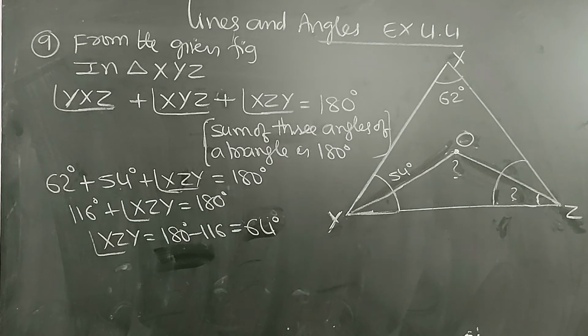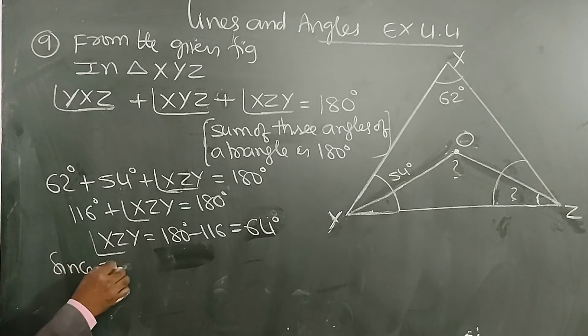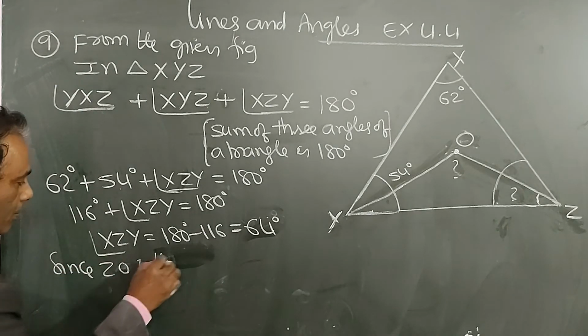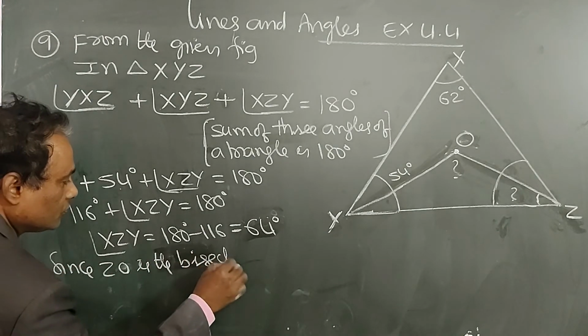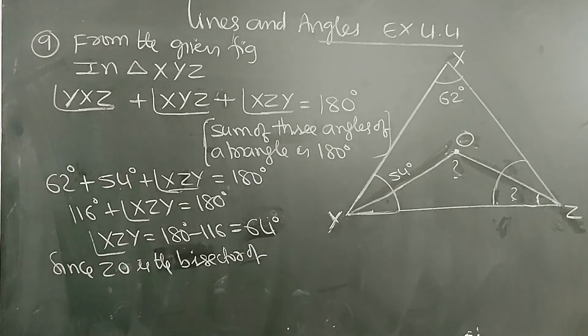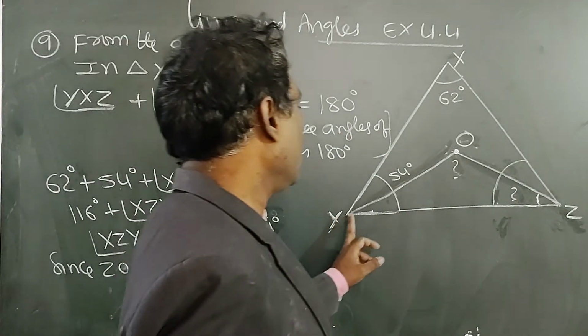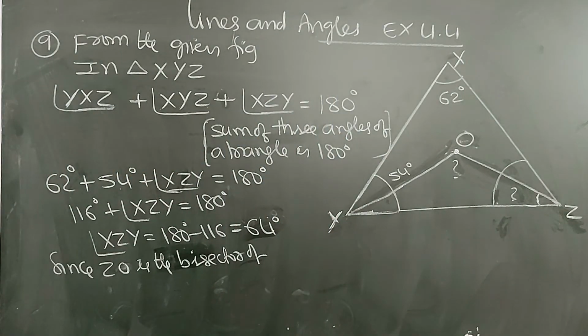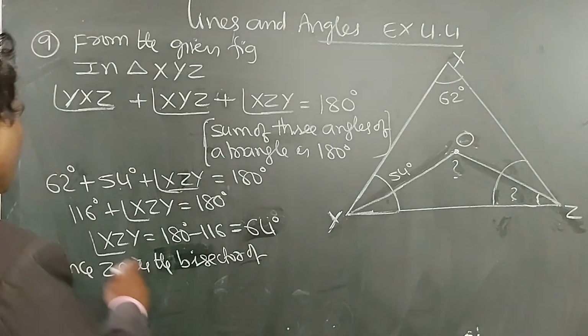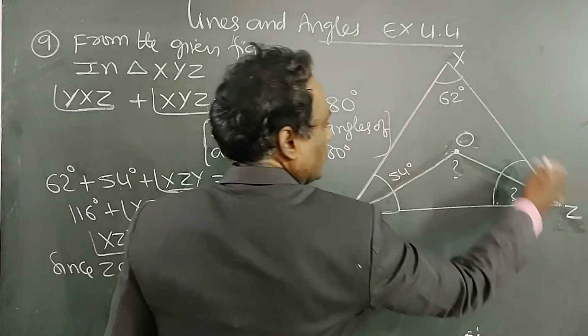See the question, it is given that ZY is the bisector of angle XZY, this angle only.